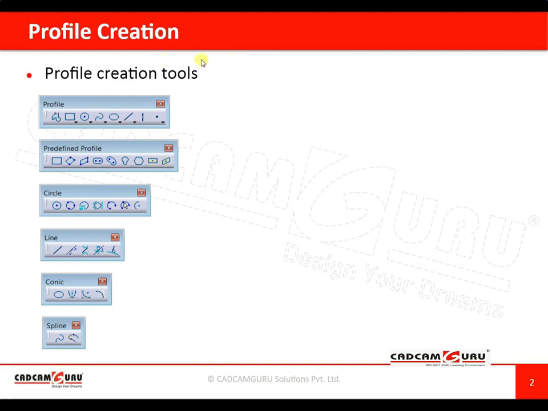If you use these drop downs, you can get these sub toolbars. We are going to see all these toolbars with all the tools one by one. Tools are very simple. See the video, practice them very well, and you can create any profile using profile creation tools. Let us go to CATIA and we will see how to create the predefined profile first.